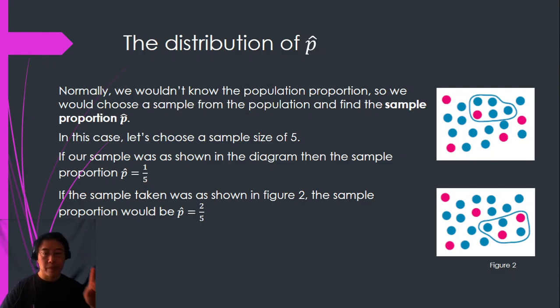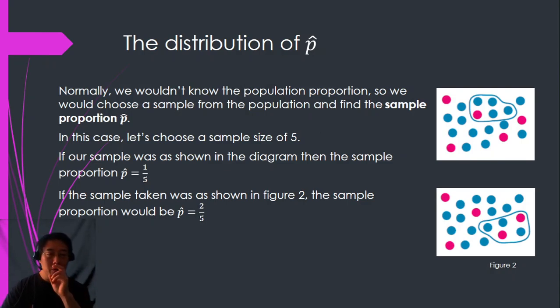Before I move on, that proportion, as you take different samples, is in itself a random variable. We will look at its distribution, and for any distribution there are things that we need to know: the expected value and the standard deviation, to see where it's centered and how it spreads.